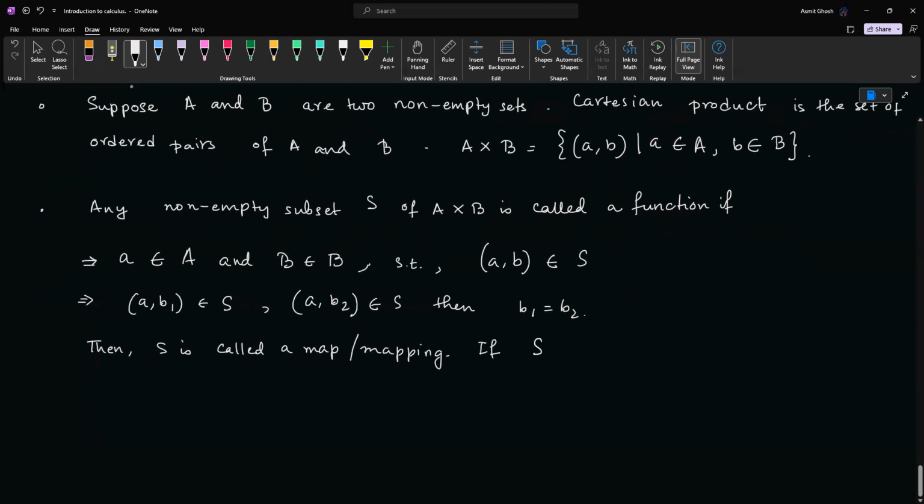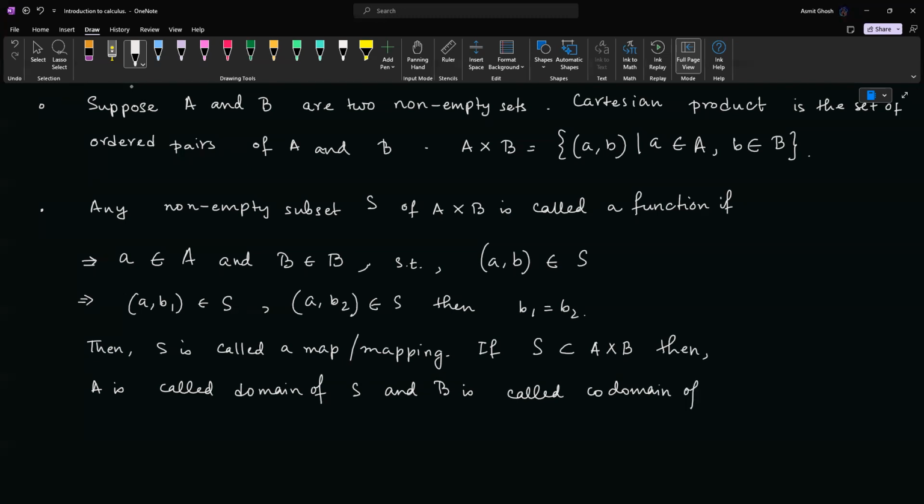If S is a subset of A cross B, then A is called the domain of S and B is called the codomain of S. The possible values of b belonging to capital B such that (a, b) belongs to S is called the range of S.